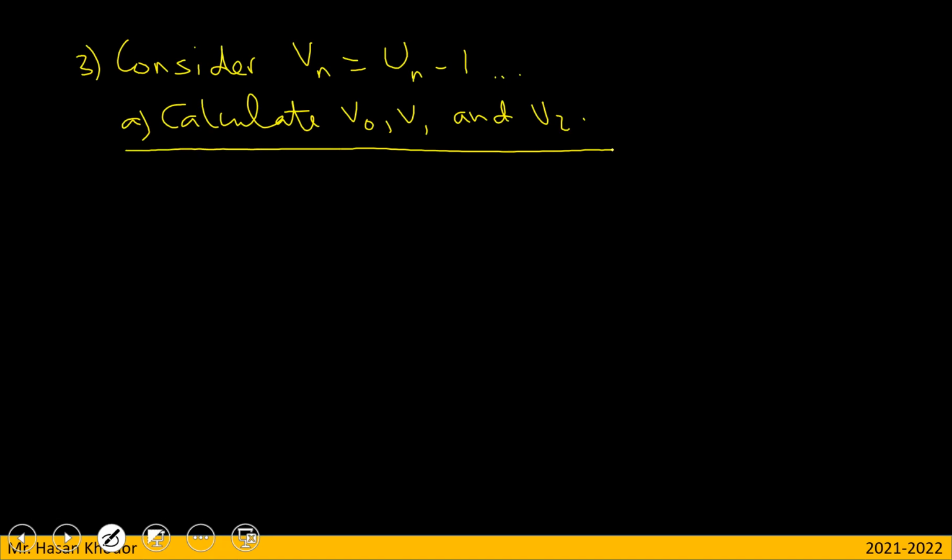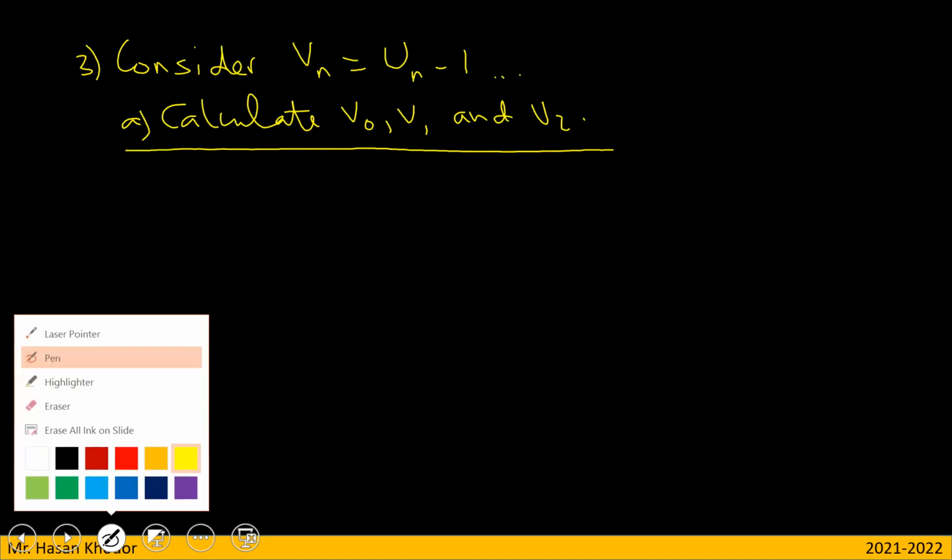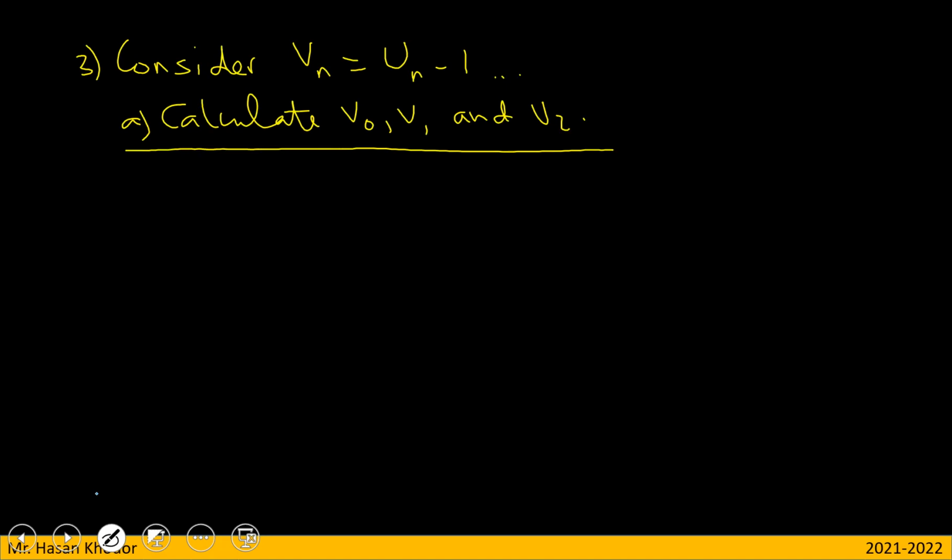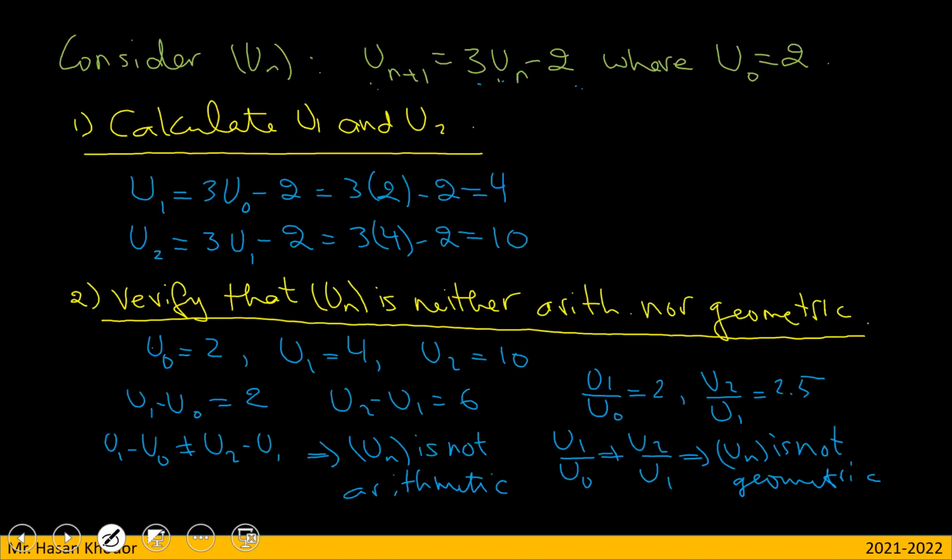Now, in this question, I have a new sequence called Vn. What's the difference between Vn and un? Vn is 1 less than un. That is, every term of the sequence V is 1 less than the term of u. So if we go back to u, we know that the first 3 terms of u are 2, 4, and 10.